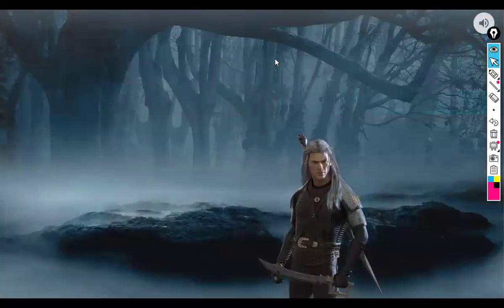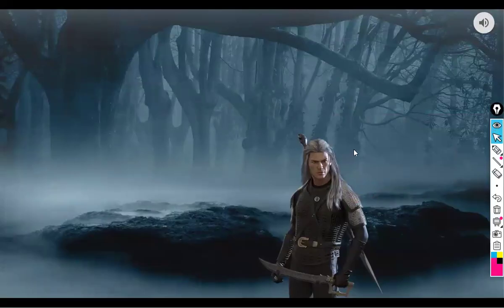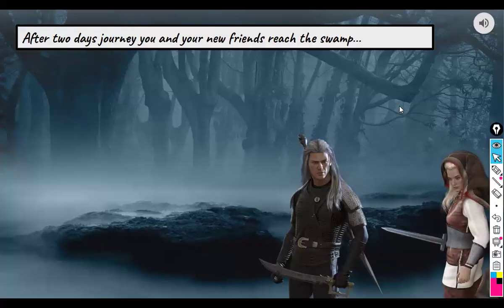Right. So Rowan and Jimmy, you went to the forest there. That little spooky forest there. Let's see what drama unfolds there. You get the witch to decipher this rule here. After 2 days, they reach the swamp.